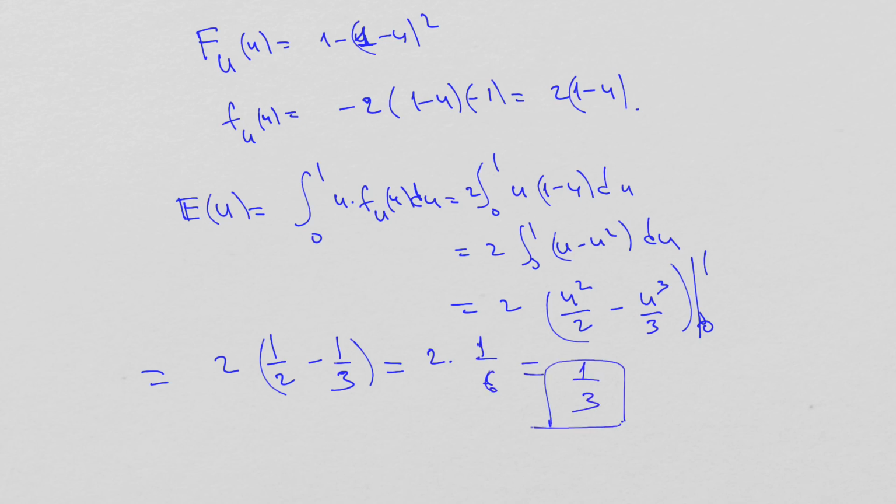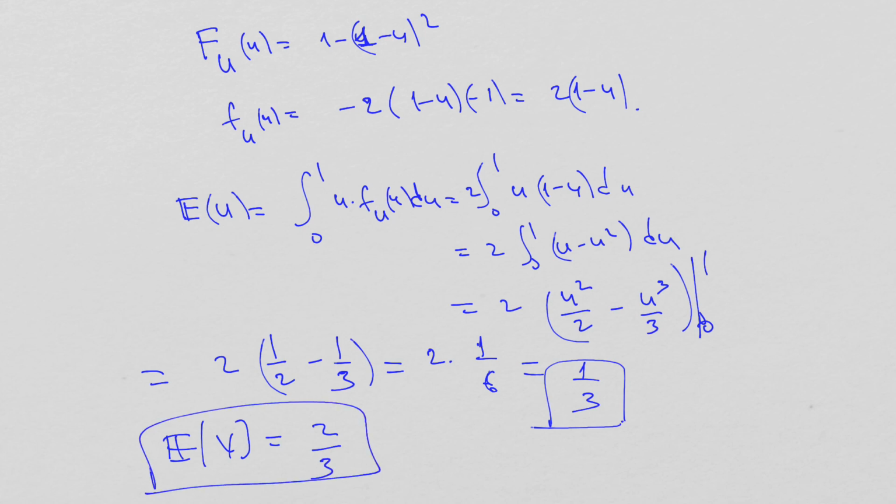This is the exact answer we got from the first method we applied, right? So that's how we find it. Now you can do the same calculation with v, and I'm sure you will find 2 over 3. Even though the question is not asking, we already found this one. Thanks. See you next time.